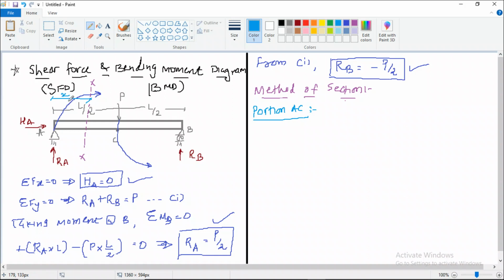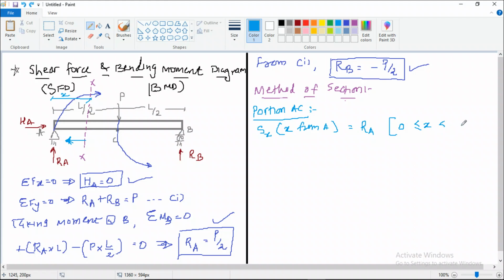So the shear force at section XX, let us write it down as Sx. Here we take x from point A, and that will be equal to whatever forces are there on the left hand side of this section. On this left hand side of the section, whatever forces are there will give the shear force. Only one vertical force is there, that is Ra. The range of this is 0 less than x less than L by 2.